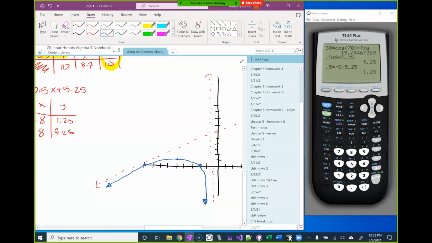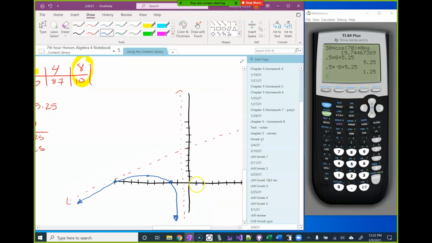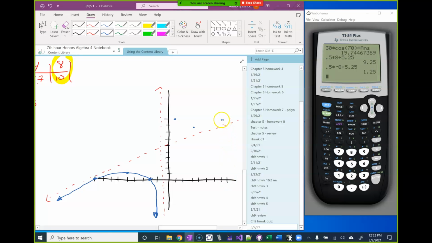So I have 1 and 10, 4 and 8.7, and then +8 and 10. So I'll draw that section. So I got something that looks a little like that.